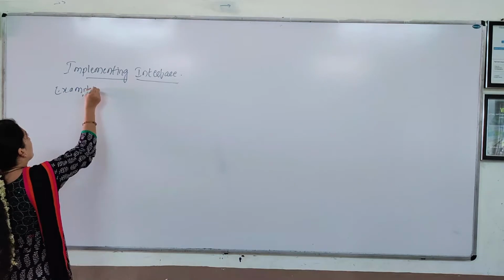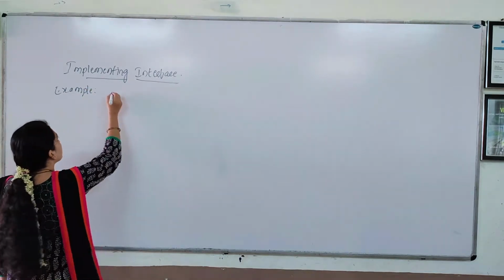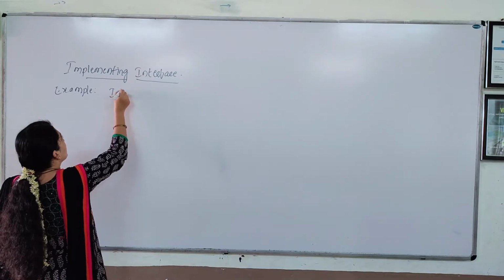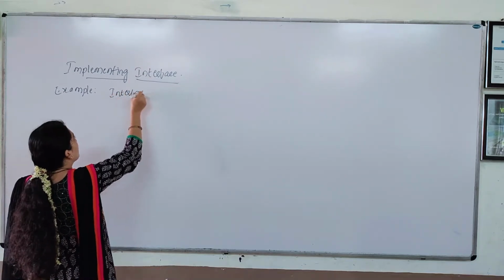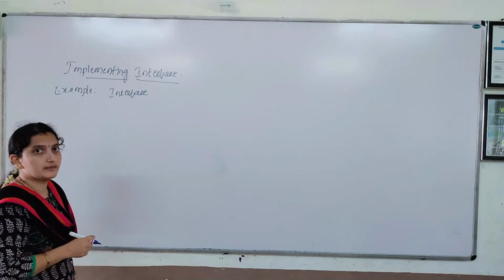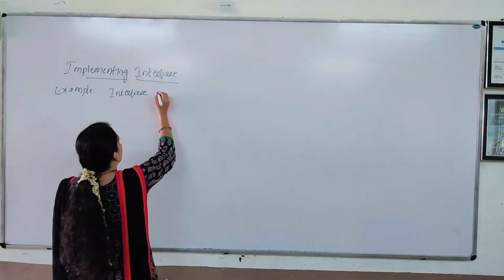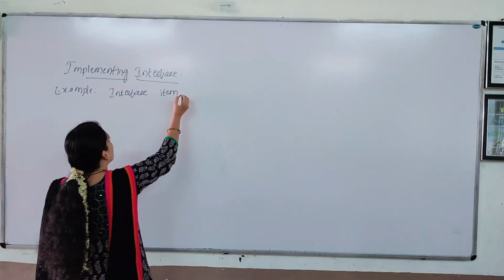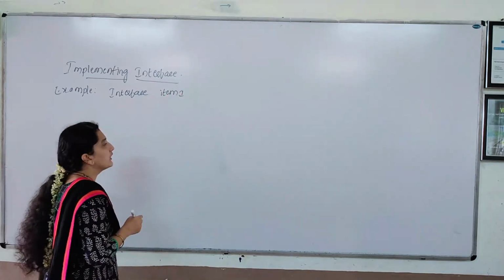In this example, I am going to create an interface now. To create an interface, first use the interface keyword, then the interface name, that is Item1.